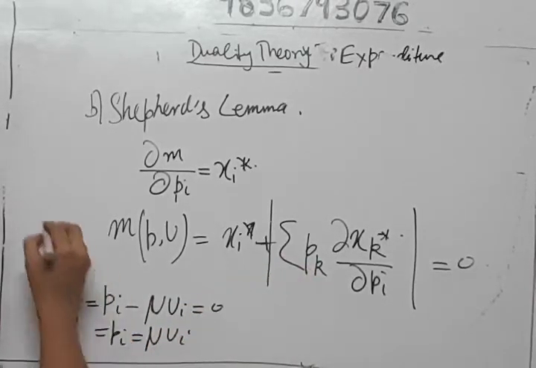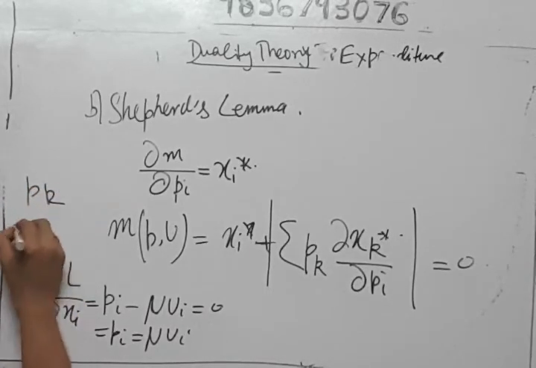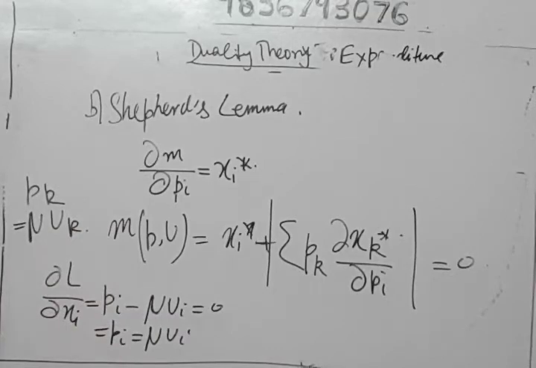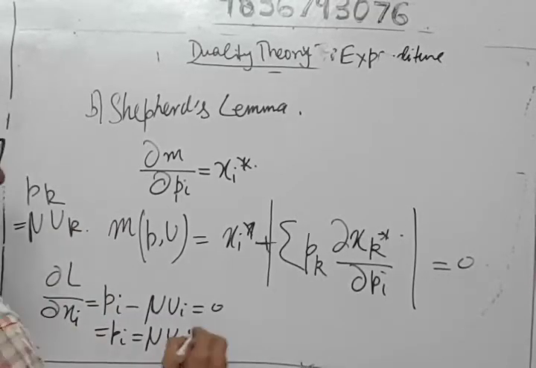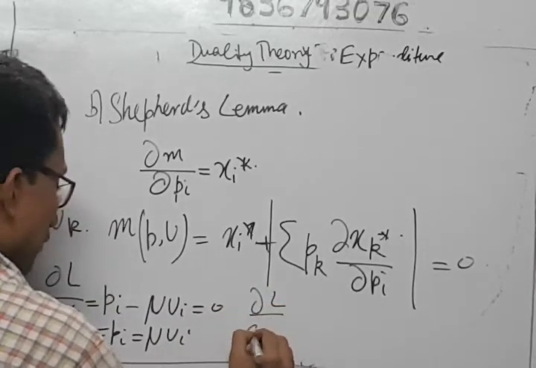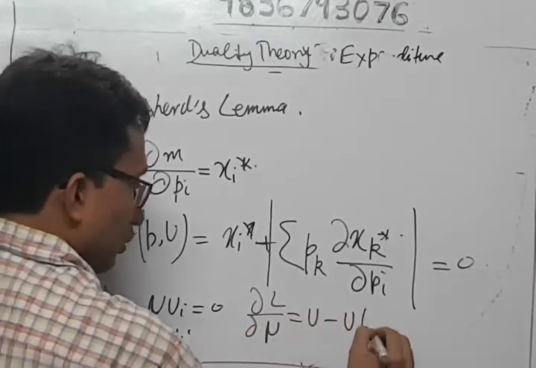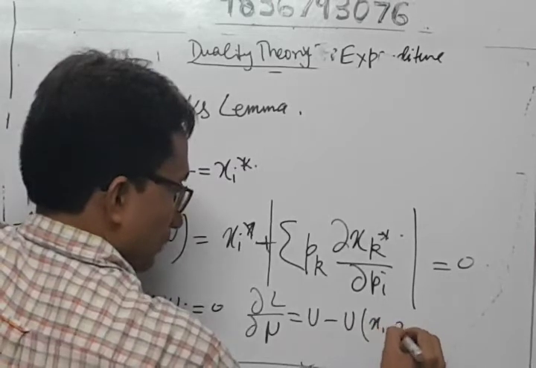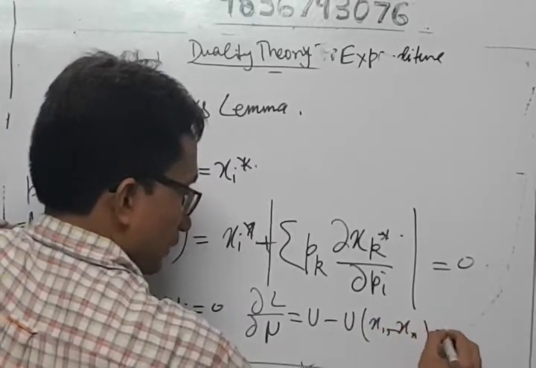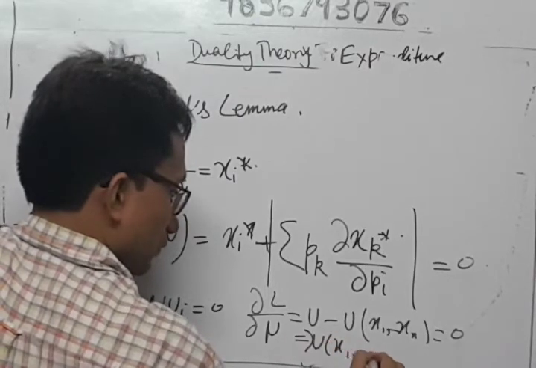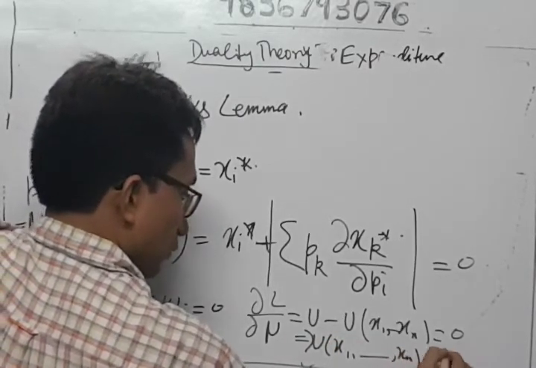So here we can write pk is actually equal to mu of uk. And again, if you remember the other first order condition, del L of del mu equal to u of x1 to xn minus u equal to 0, which is nothing but u of x1 to xn equal to u.